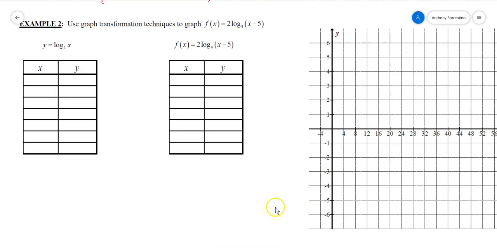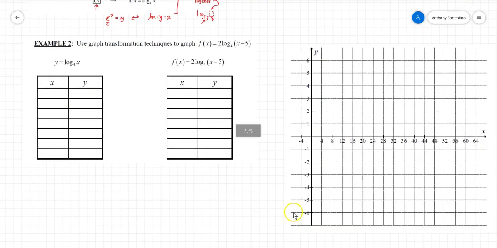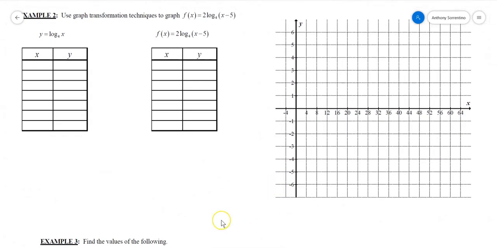So let's get into this so we can do this, and I'll just zoom out a little bit more to fit this in. Now remember, what I'm looking for here for the y's should be exponents that I'm raising 4 to, to get x. So basically y is going to be the exponent.